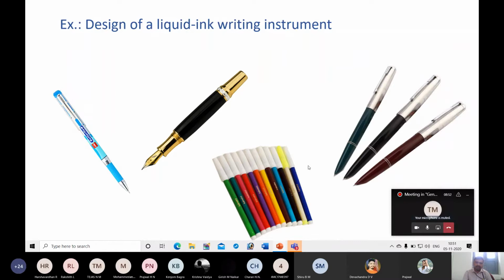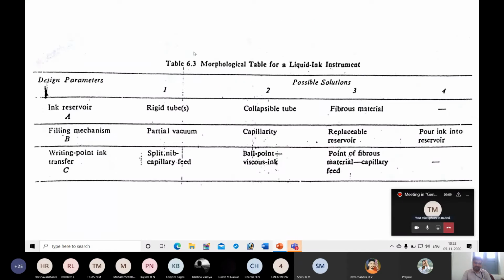Next, we are going to divide the product called pen or ink writing instrument into a number of parts. This design problem is related to designing a pen. The author of the textbook, based on their understanding of the problem, divided it into three parts A, B, C, based on components and functional requirements of the pen.